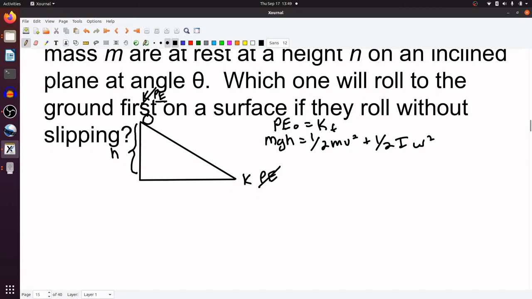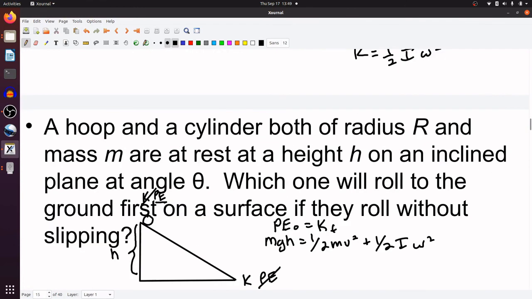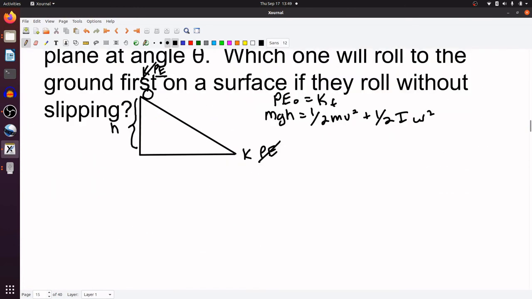So we're going to do the ratio of, what's the first one that comes? Hoop and a cylinder. So we'll go hoop over a cylinder. This will be M, because they have the same mass, g, same height, h, over mgh. So right off the bat, that's going to cancel and just give me 1. That's going to help a lot.